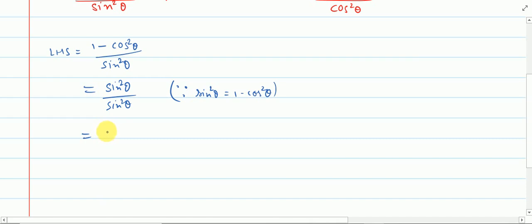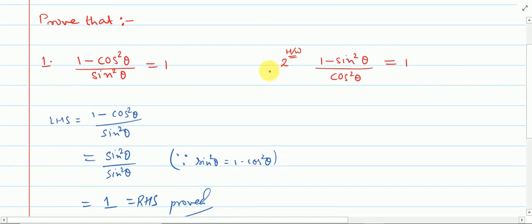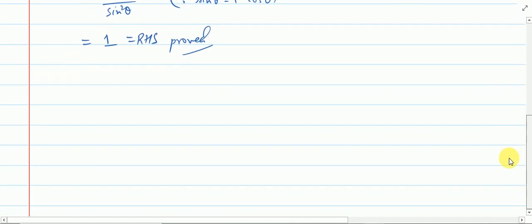These two will cancel and you are left with 1, which is your RHS, proved. Question 2 is your homework. You need to do the same as question number 1. Now let us see the next question.